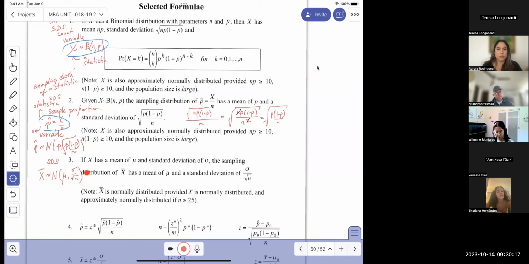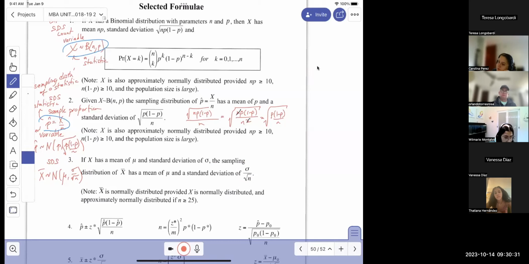When is this true? So I've written this down now, but when is this true? When n is big enough? Not necessarily. If you know that X, let me write it.